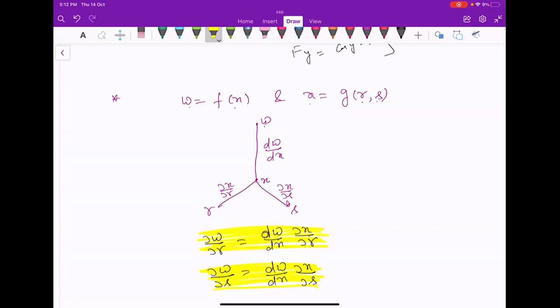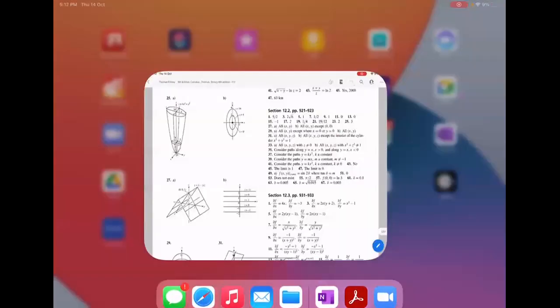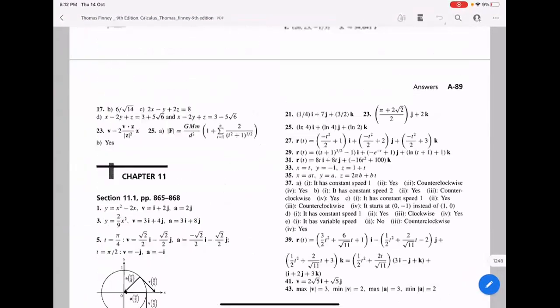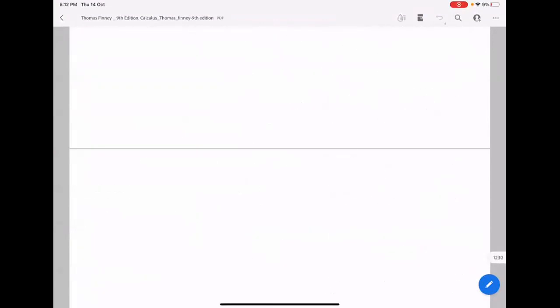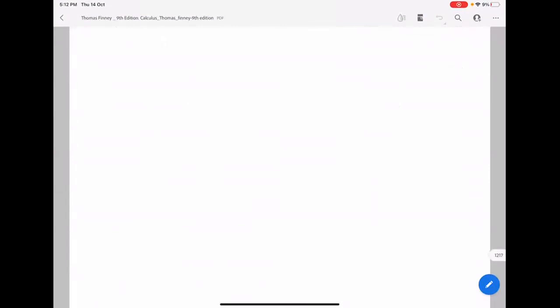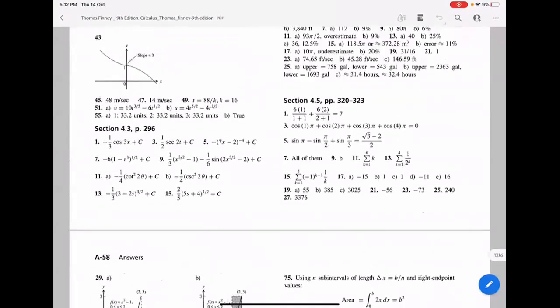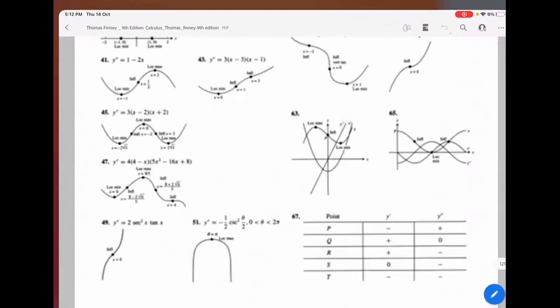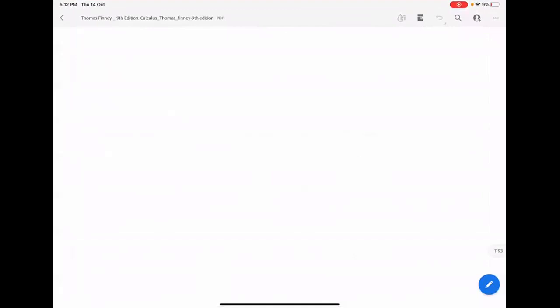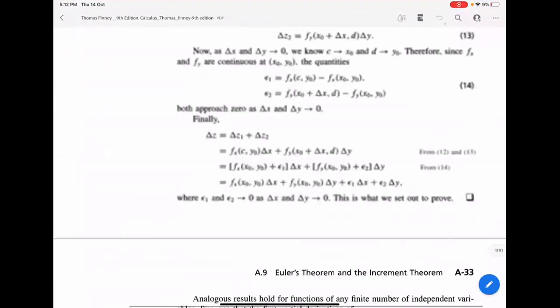Chain rule, to check, just a minute. I have to check, maybe 12.3 actually. I have to scroll down. Maybe शायद 12.3 होना चाहिए. Actually, I have other editions also, so sometimes I'm taking directly.